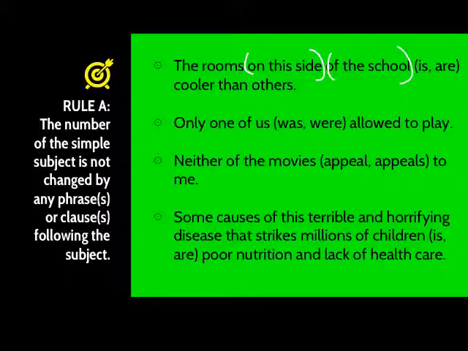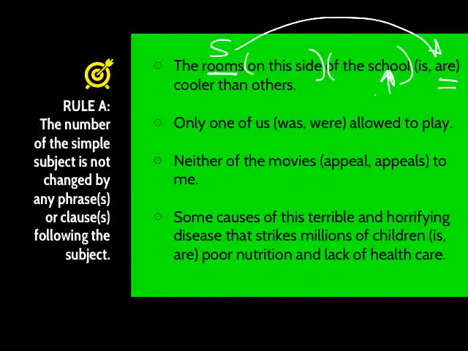And who or what is the sentence about? It's about the rooms. Rooms is plural, and so we need to have a plural verb, even though the phrase next to it has a singular noun. We don't pay attention to those because the simple subject itself is plural.